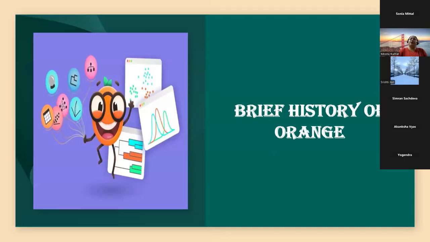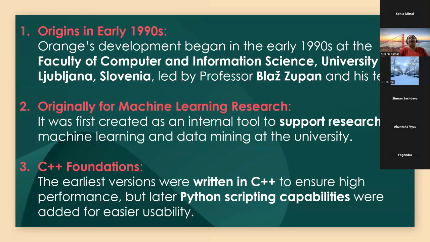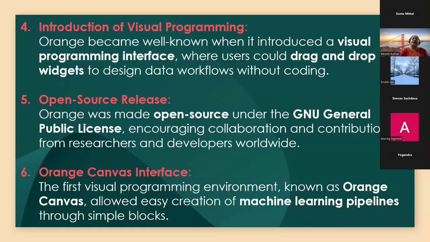So you'll be doing the data mining part in Orange. I just included a very brief history of Orange, and it's quite enlightening. Initially, Orange was developed in a university in Slovenia. It was originally for machine learning research, and it was started in C++, and later on Python was included in it, and it is completely visual.